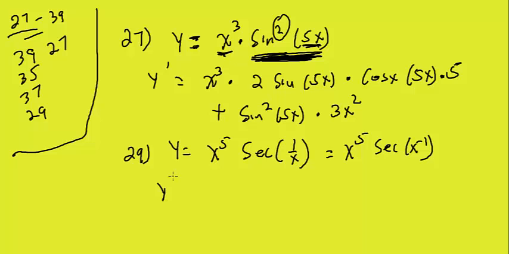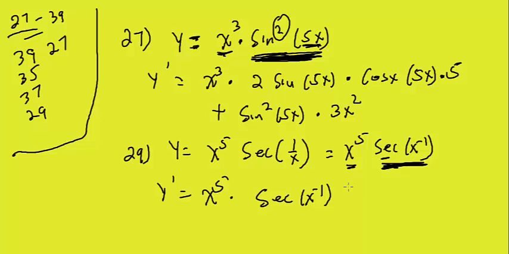Okay, now I can take a derivative. Product rule. First times the derivative of the second. So x to the 5th times the derivative of the second. What's my outside function here? Secant. Okay, what's the derivative of secant? Secant.